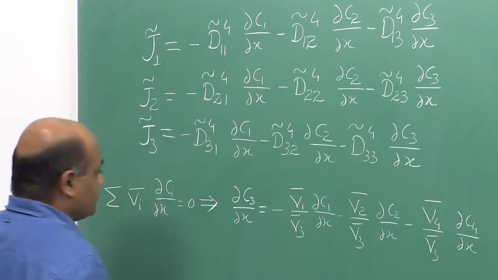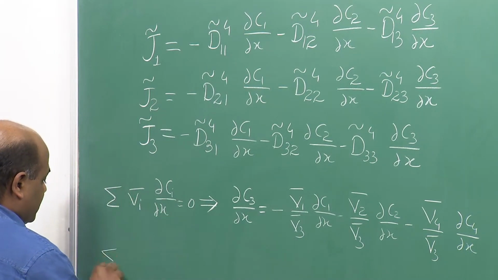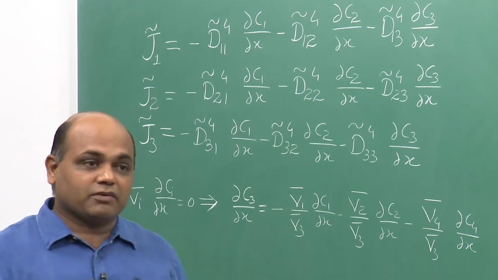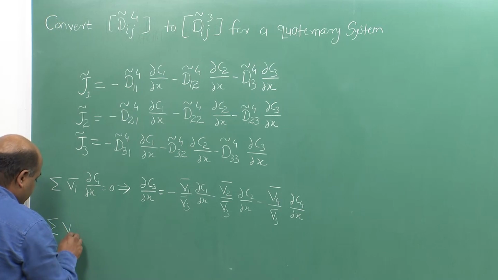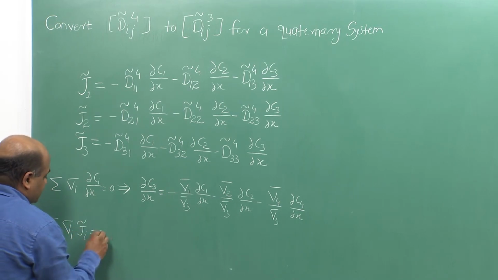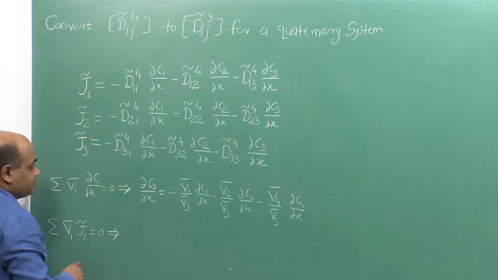And also we have, if we use the volume fixed frame of reference, the constraint on the fluxes is sigma Vi bar Ji tilde equal to 0.